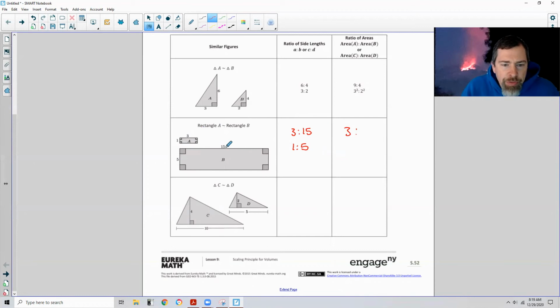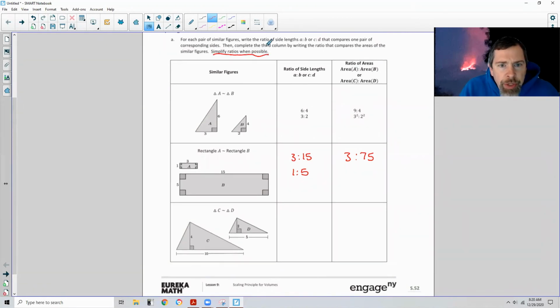And 5 times 15 is 75. So how did we get that? Okay, well, we can't see anything here. 1 squared is 1, 3 squared is 9, so that's not happening. Oh, wait a minute.